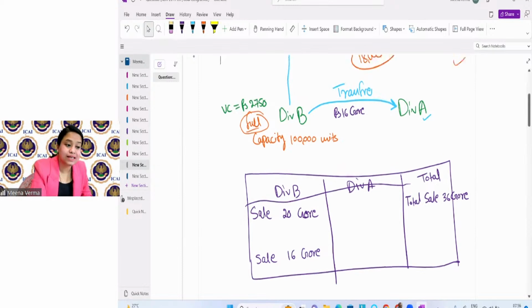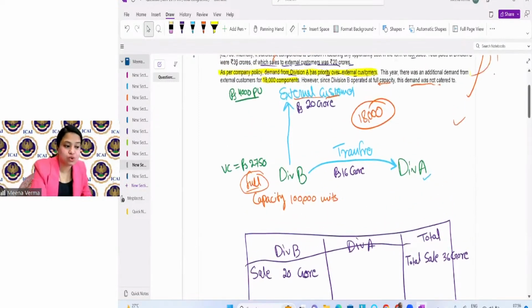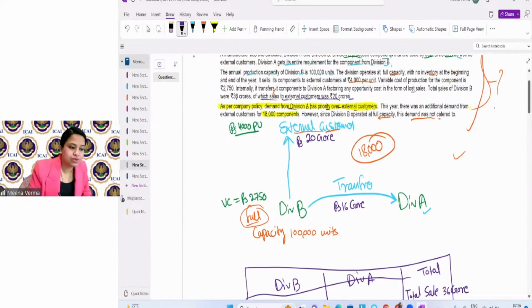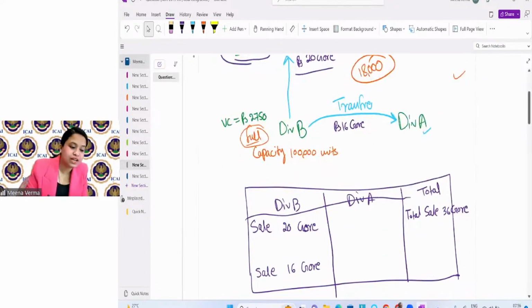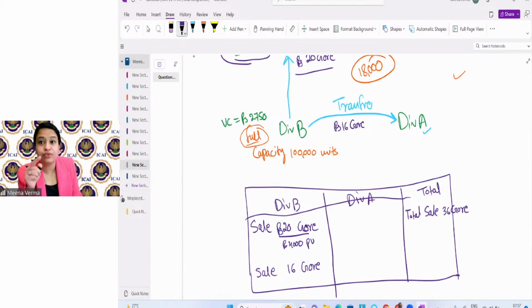And the selling price per unit is also mentioned here. You can see the selling price per unit is 4,000. Do one thing, divide 20 crore by 4,000. You will get the number of units. Rupees 4,000 is the sale per unit. So if you divide it, you will get how many units you are selling outside.